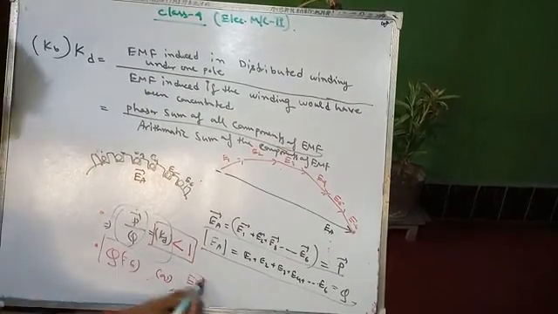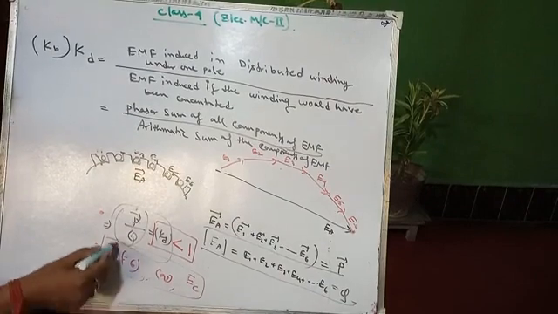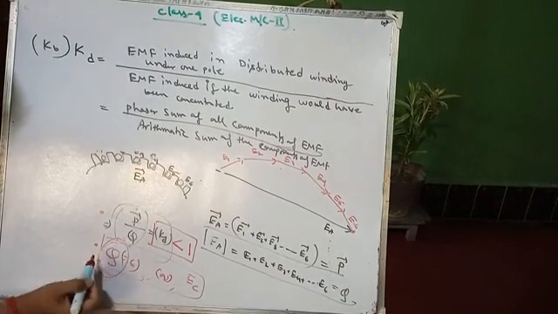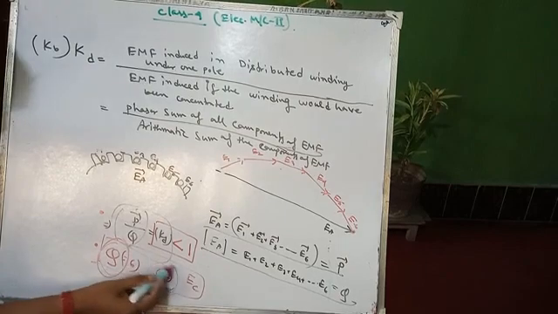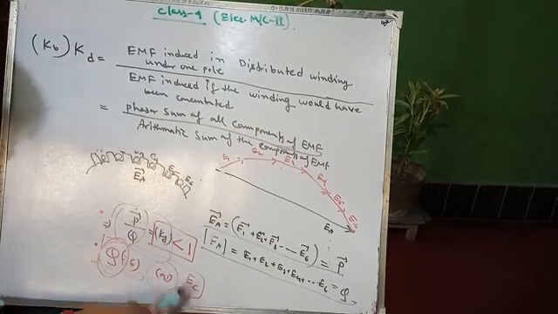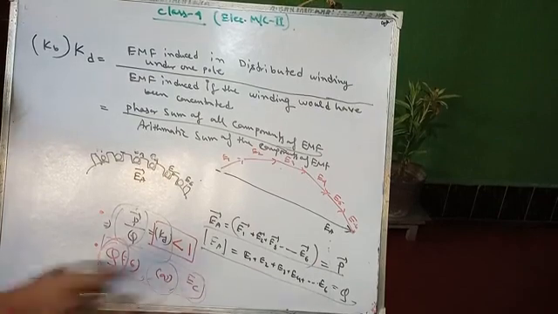So we have to consider these three concepts first: Q is the number of slots per pole, small q is the number of slots per pole per phase, and EC is the EMF induced in each coil.